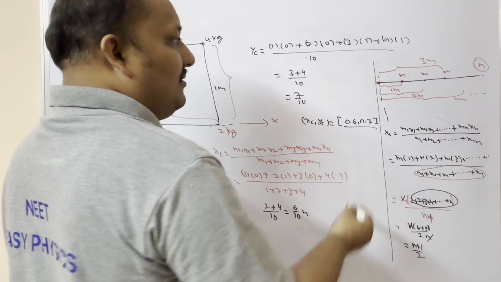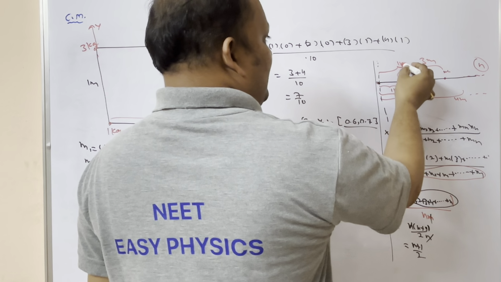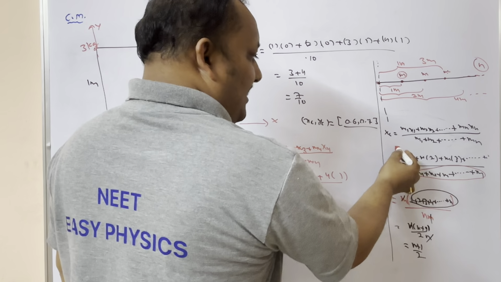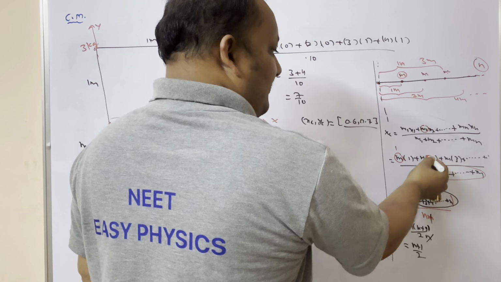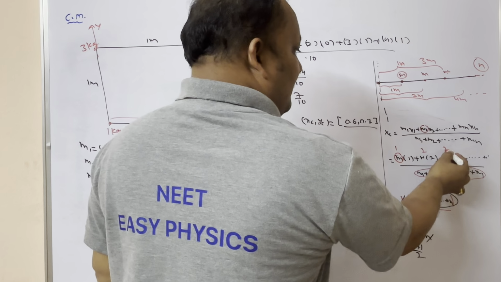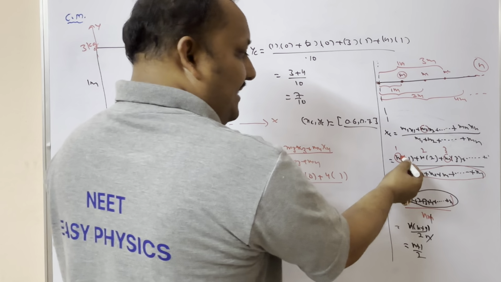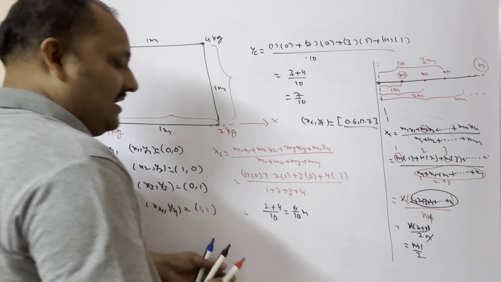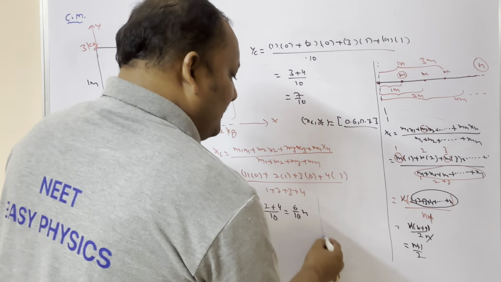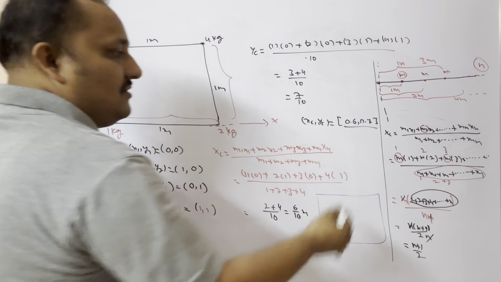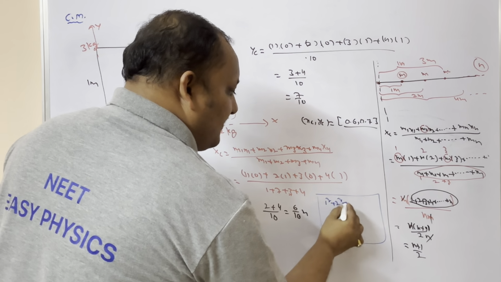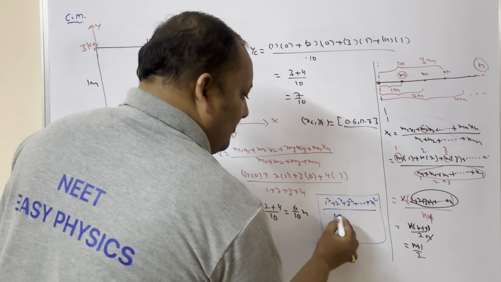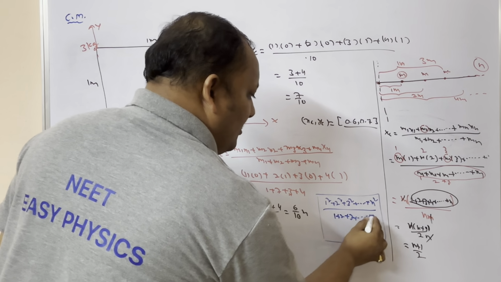The same question they may give with masses 1 kg, 2 kg, 3 kg like that. At that time, in place of m1 will be coming, in place of m2 2 will be coming, in place of m3 3 will be coming, like this. At that time how will the answer come? 1 square plus 2 square plus 3 square and so on n square divided by 1 plus 2 plus 3 and so on n.